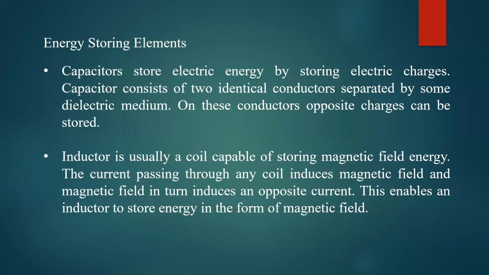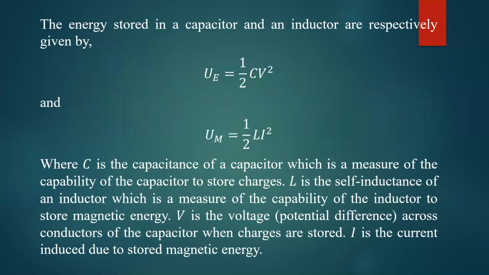Okay, so what is the expression for that energy stored? Here, energy stored in the capacitor is given by U of E is equal to half CV square. E stands for electrical energy. Electrical energy stored in the capacitor is given by half CV square, where C is the capacitance of the capacitor. Okay.